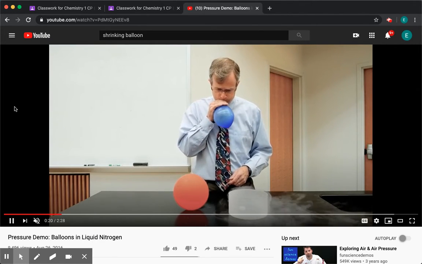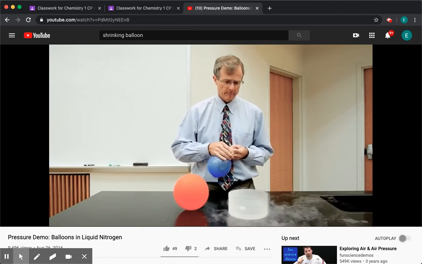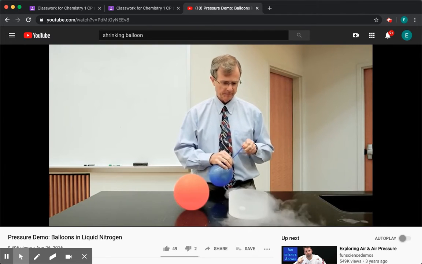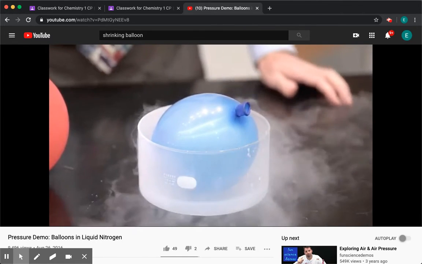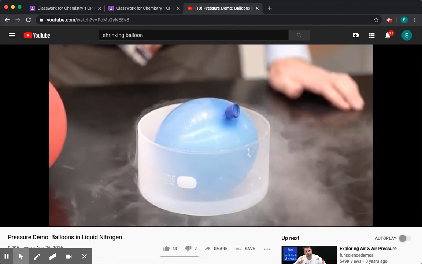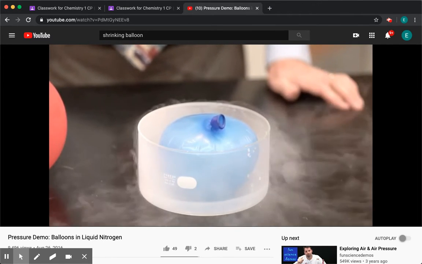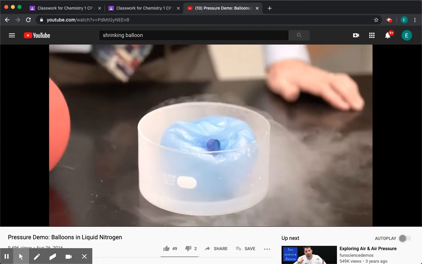So here you have a gentleman inflating a balloon. Well, the balloon has nothing but air in it. He puts the balloon then inside a bath of liquid nitrogen. If you did not know this, liquid nitrogen is very cold. Okay, so as the balloon gets colder, notice that it starts to shrink. Okay, the air isn't becoming liquid.